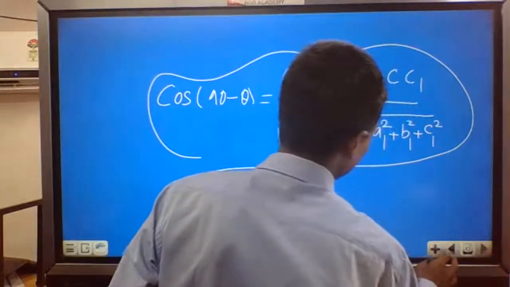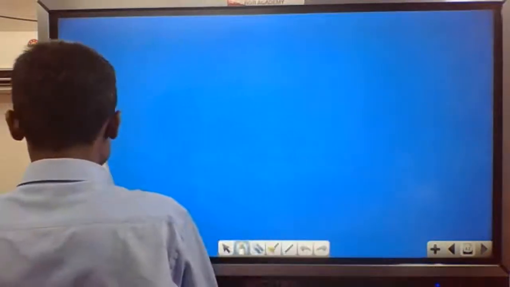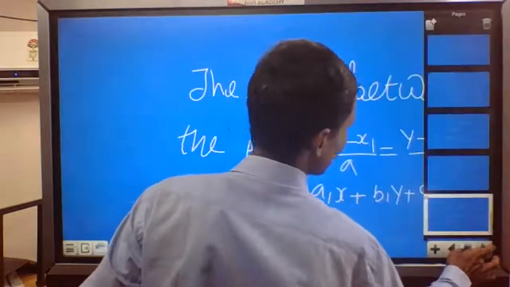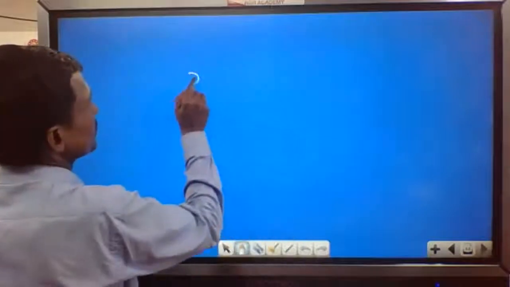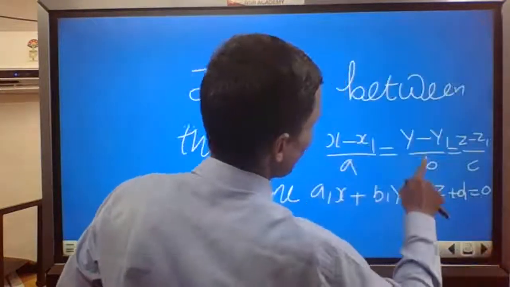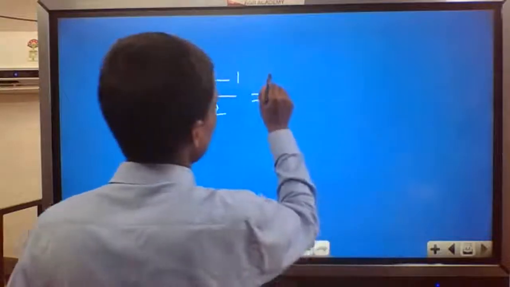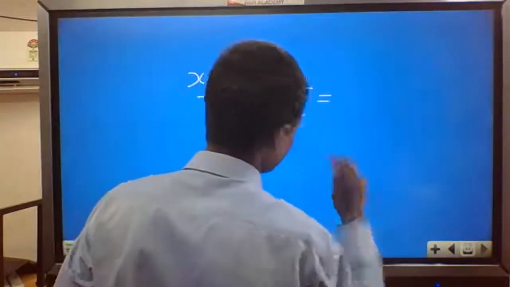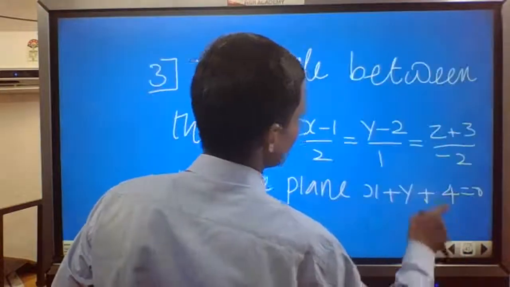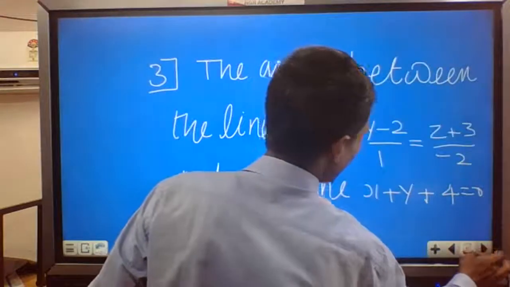What is the given line and plane? The line is (x − 1)/2 = (y − 2)/1 = (z + 3)/(−2).